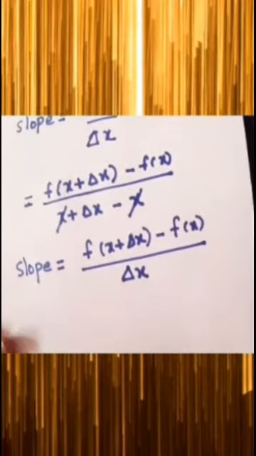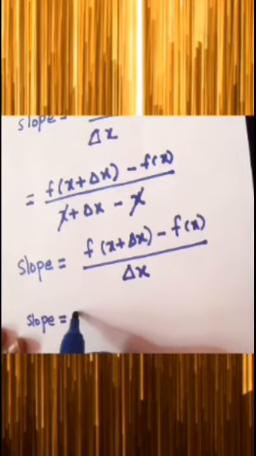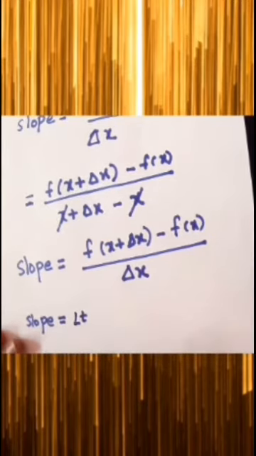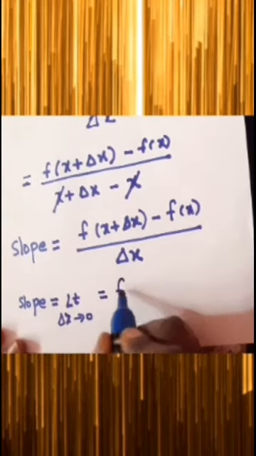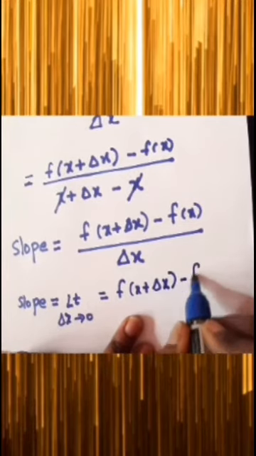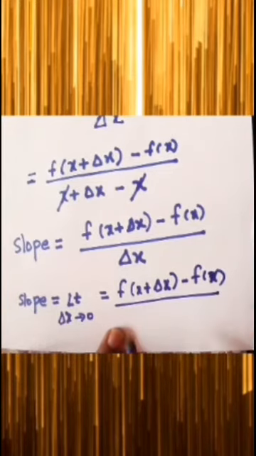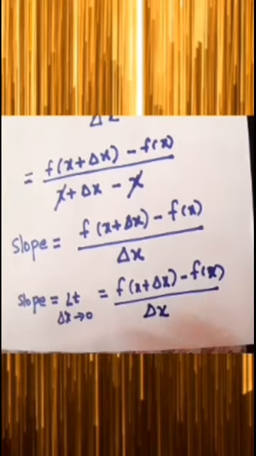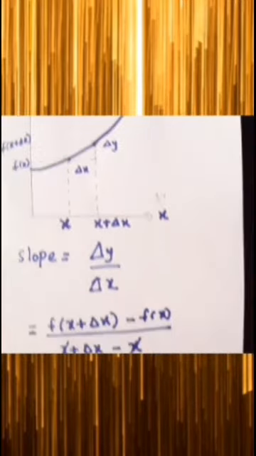So I can write this as slope is equal to, we have to take the limit, limit delta x tending to 0, of f of x plus delta x minus f of x divided by delta x. This is the concept of differentiation or derivative.